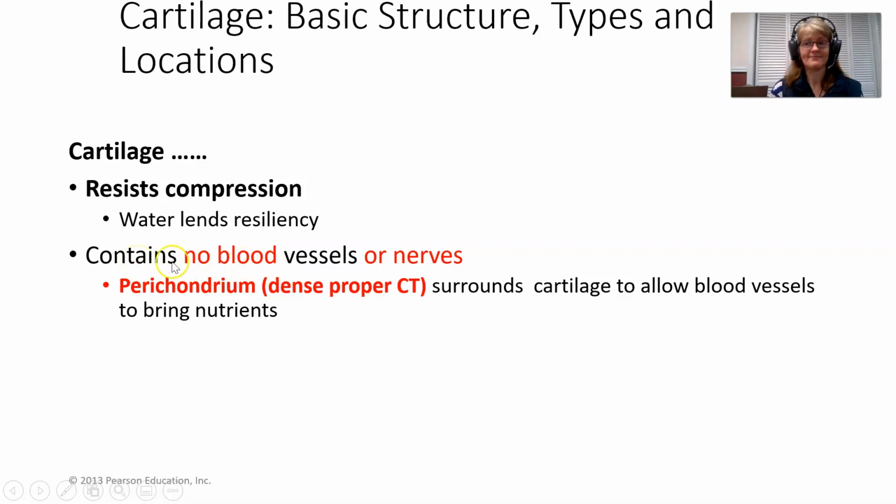Well, here, no, it does not. Cartilage has no blood vessels and no nerves. So when you damage your cartilage, it does not heal very well. Little bits of damage can heal because there are obviously nutrients getting to the cartilage to keep it alive. But big areas of damage in cartilage do not heal very well.